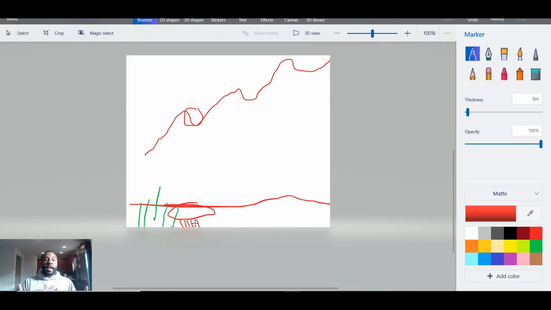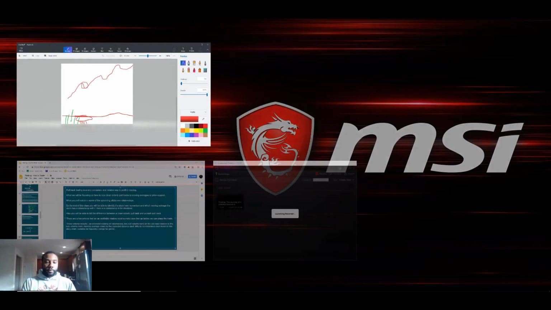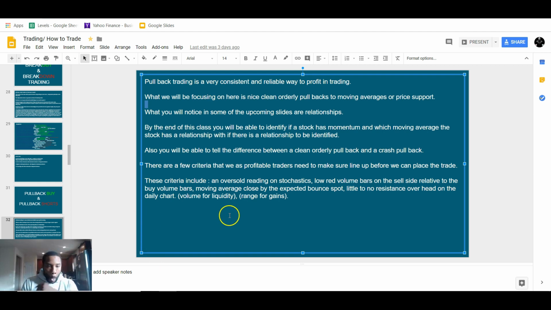And I'm going to show you some examples. I just want you to try to understand this in your head. Okay? So we want to see those relatively low volume bars on the sell side, relative to the buy volume bars.